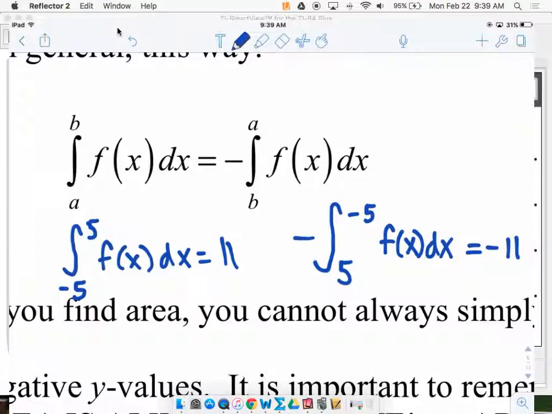And now, if I take the answer here, that'll give me positive 11, right? So you can do that when you are working with problems. If you want to switch around your upper and your lower bounds, you can do that, but you just have to remember to put a negative out front.